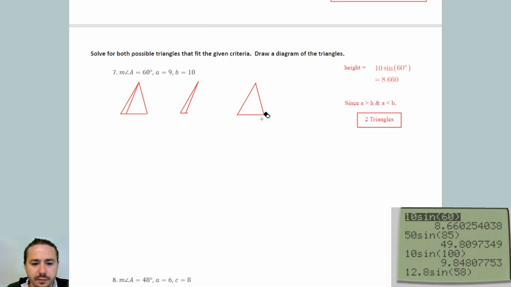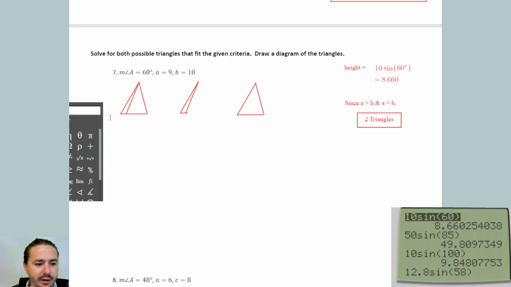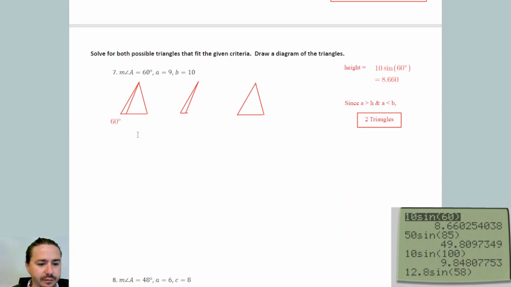This bigger one, just to be clear, is like this outer triangle. So this outer side is going to be the same in both cases. This is our 60-degree angle measure right here, and this is going to be 60 in both cases.